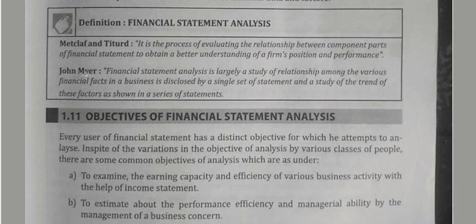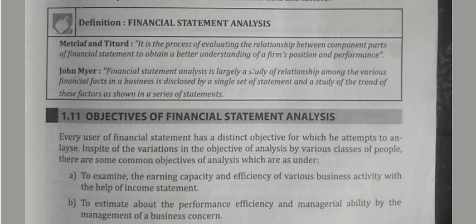So as per John, financial statement analysis is largely a study of relationship among the various financial facts in a business as disclosed by a single set of statements and a study of the trend of these factors as shown in a series of statements.